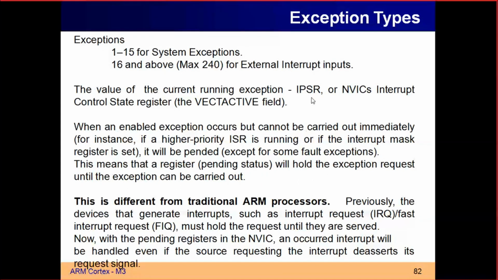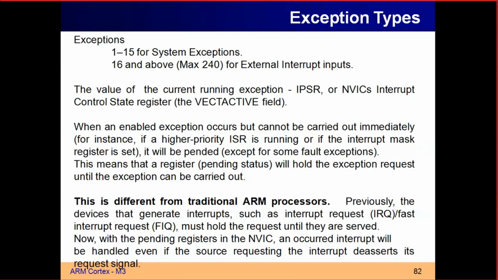What do you mean by IPSR? There were 3 status registers, no? Application program status register contains all the flags. Then interrupt program status register contains the number of the currently executing interrupt or exception. Then one more status register was there, no?